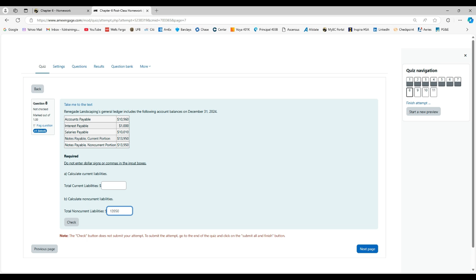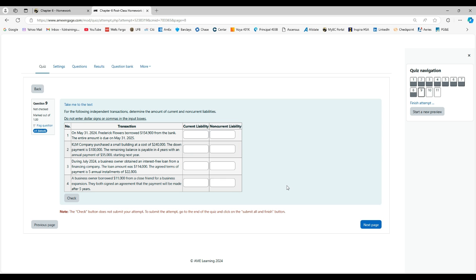It tells us it's non-current. Everything else is typically current. So I just add up all the rest of these, and I got 35,920, and that was a pretty easy problem.